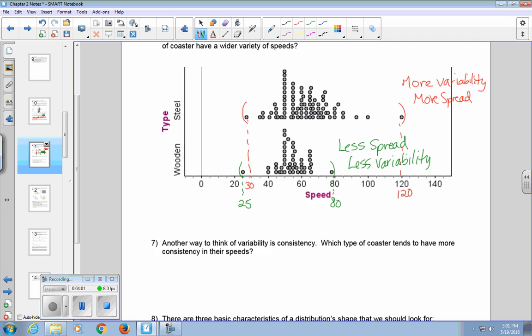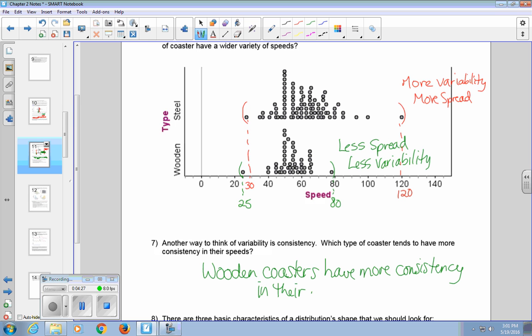Which type of coaster tends to have more consistency in their speeds? Wooden coasters tend to have more consistency. And we can see this because it's just another way of asking about variability. So they have more consistency in their speeds because they have less variability.